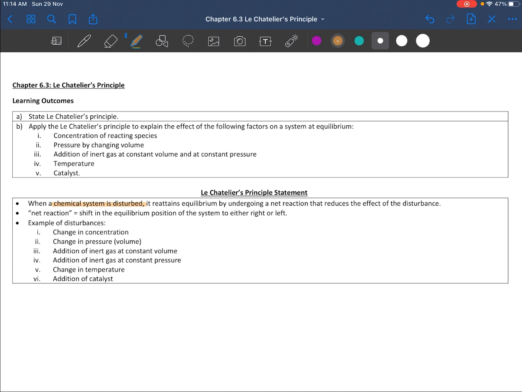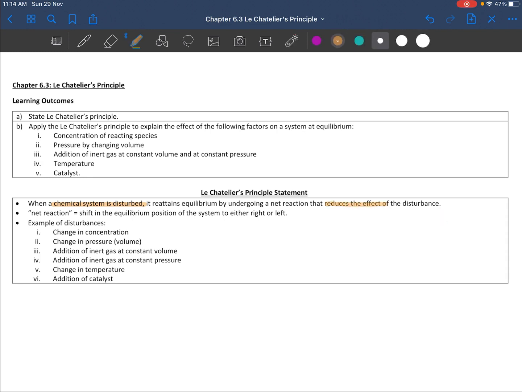And then kita ganggu dia, menyebabkan dia dah tak at equilibrium. So apa yang sistem tu akan buat adalah dia akan cuba reattain equilibrium by undergoing net reaction that reduces the effect of disturbance. Kiranya dia akan cuba kurangkan kesan gangguan tadi untuk capai balik equilibrium.